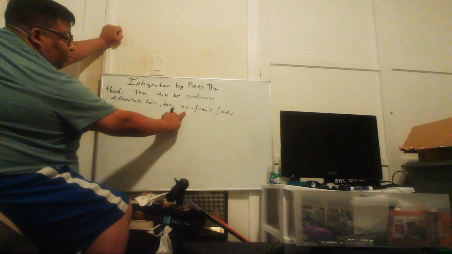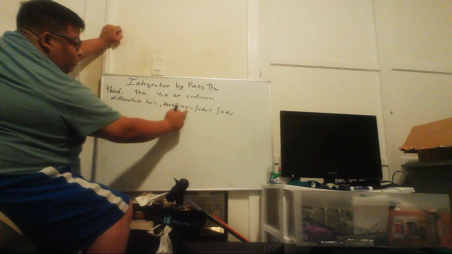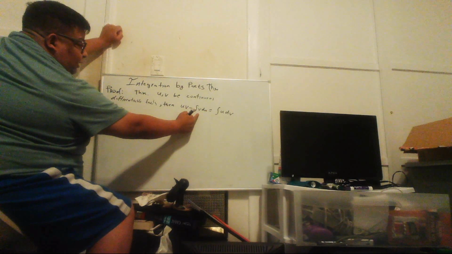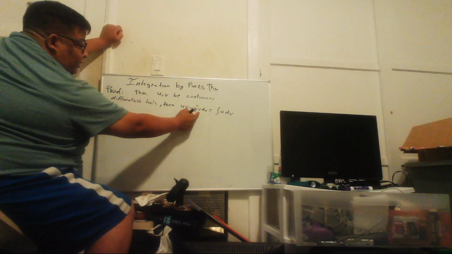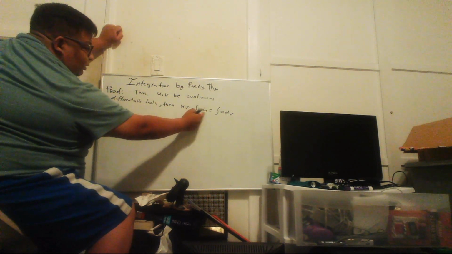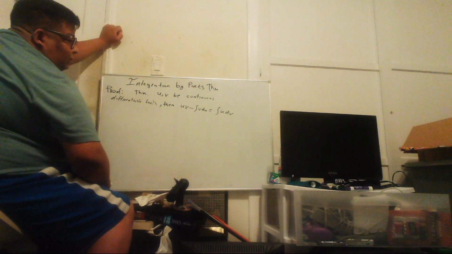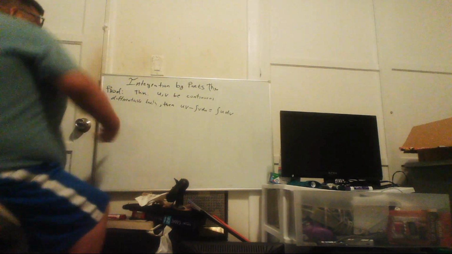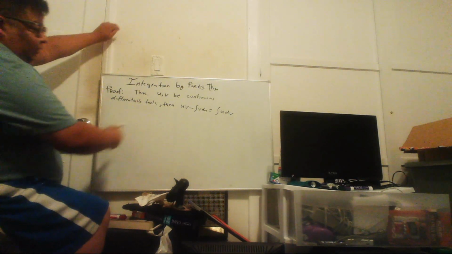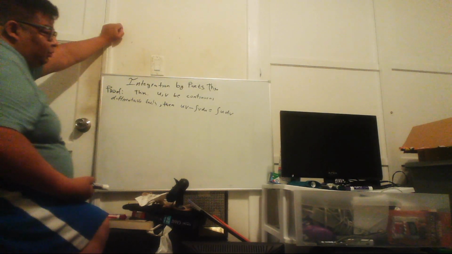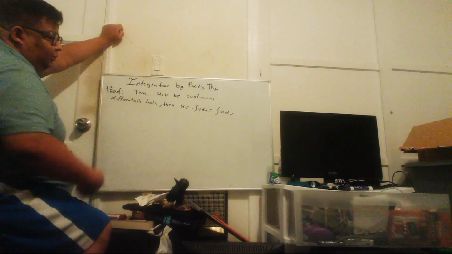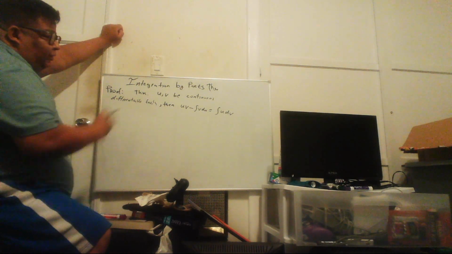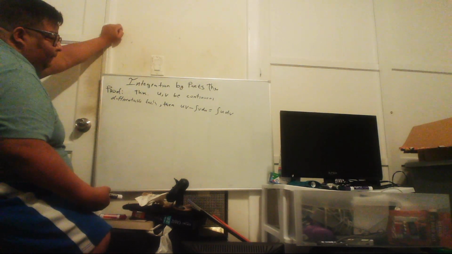You take the product of the functions uv, minus the integral of the function v du, is equal to the integral of u times dv. So in order to use such a theorem for integrating those kinds of integrals, you need to learn how to use this theorem. Right now we're just gonna prove it, okay?